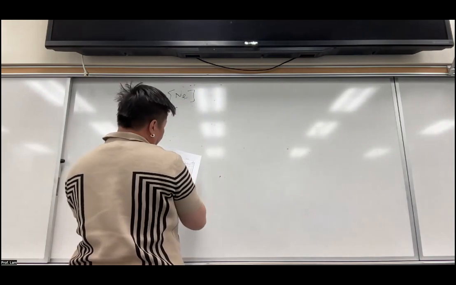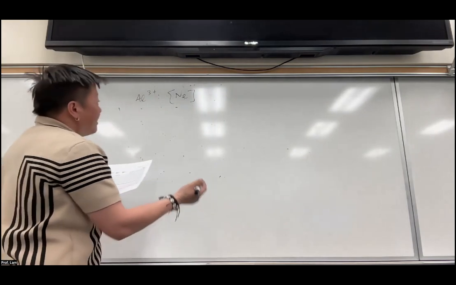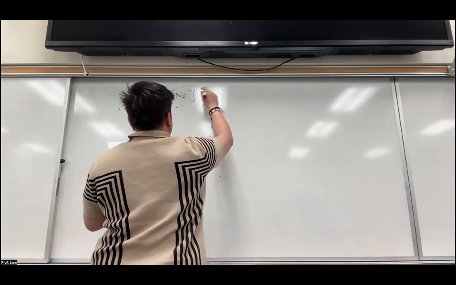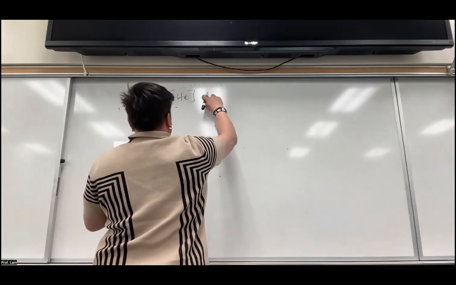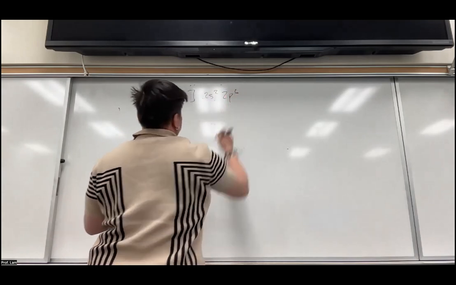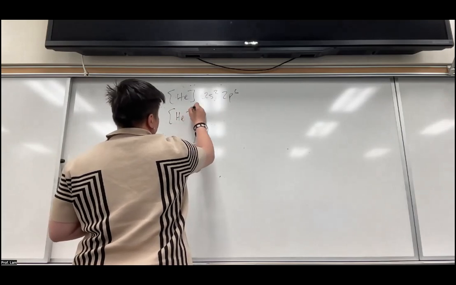So put your finger on aluminum, walk back 3 spaces, and you get neon. So for neon's configuration, it's actually brackets helium, 2s2, 2p6, right?